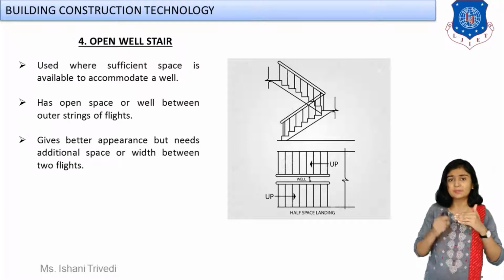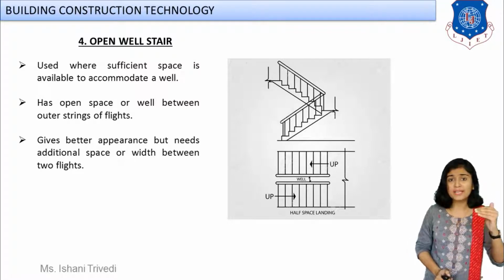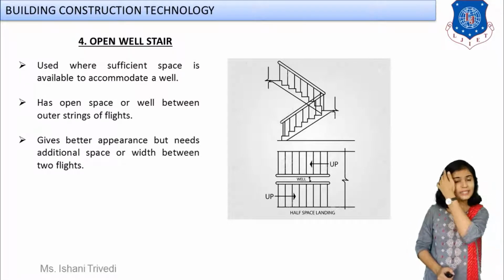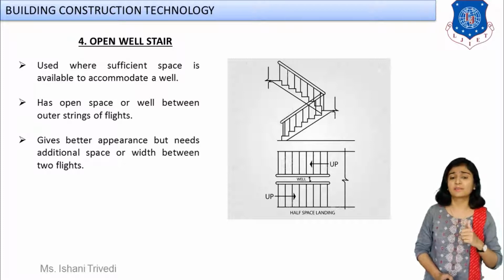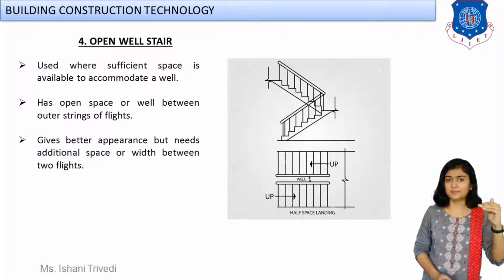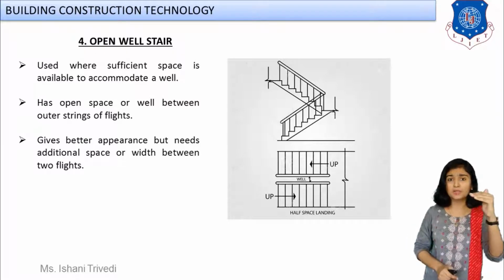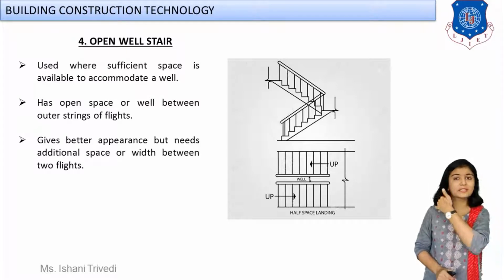You can see that between the two flights there is enough space available. Can you see it in the plan sketch flashed over here? Look at the plan. You have the first flight going in the upward direction. Then you will have a 180 degrees turn, that is your half turn, that is two quadrants of a circle, if you want to understand it geometrically.